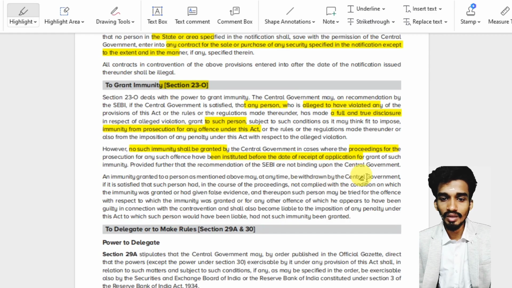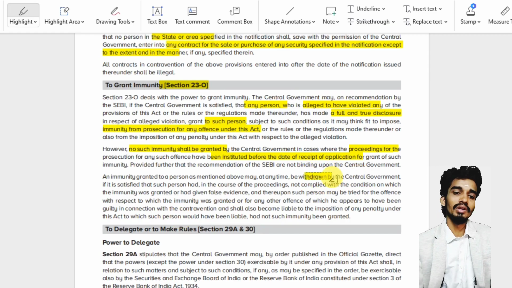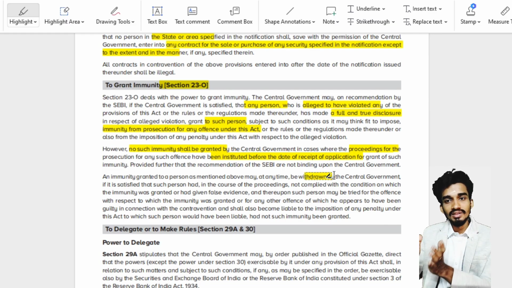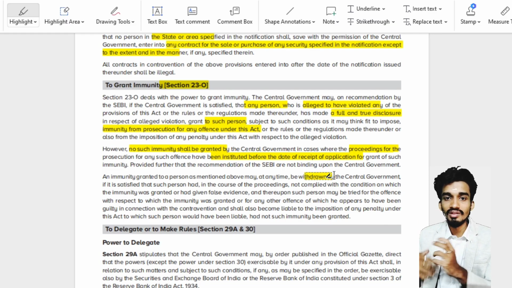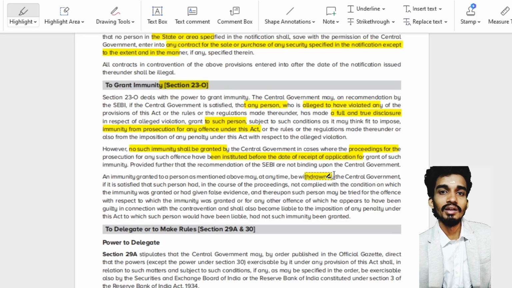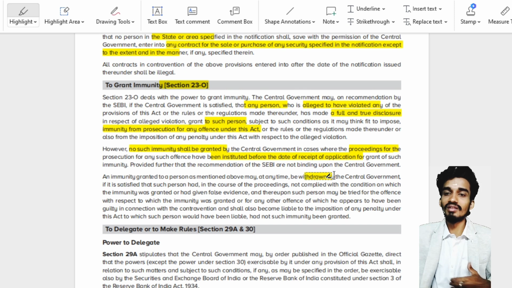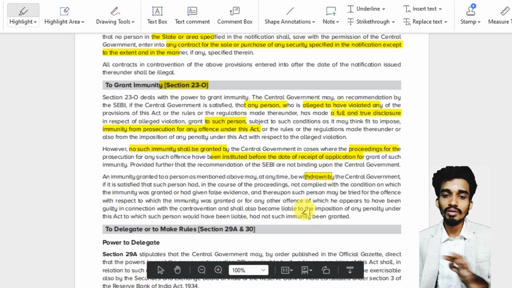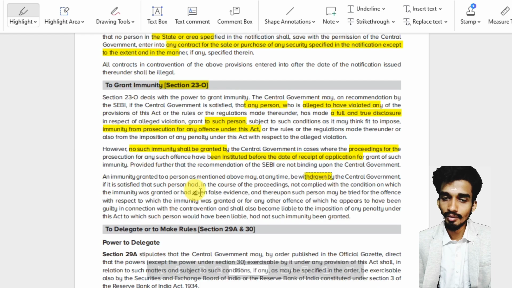And it may be withdrawn. If the immunity has been granted to any person, and after some time the central government gets the information that the information conveyed by such person is wrong, or is meant to distract from other illegality, then it may withdraw the immunity that has been granted.